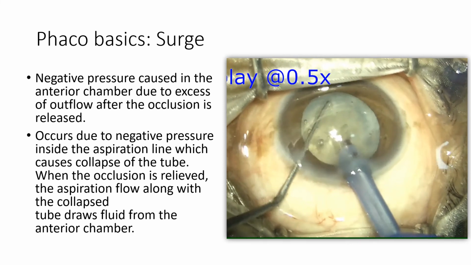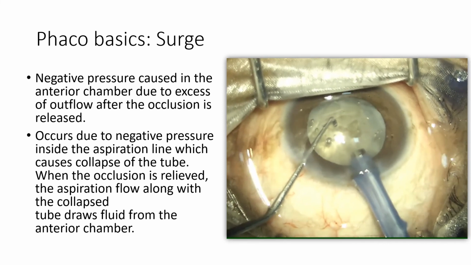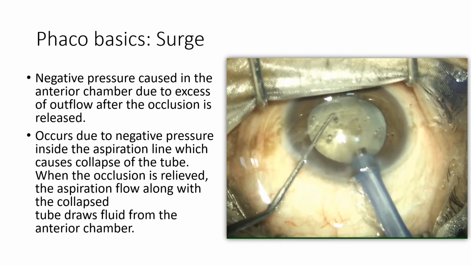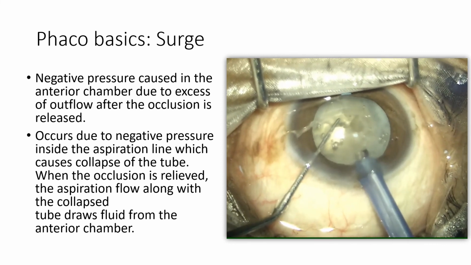This is a situation which is to be avoided, and machines are well equipped to avoid this situation. It usually occurs whenever there is a break of the occlusion, because the negative pressure inside the aspiration line can cause collapse of the tube, and when the occlusion breaks, this collapsed tube is going to regain its caliber, so the fluid is drawn out more.